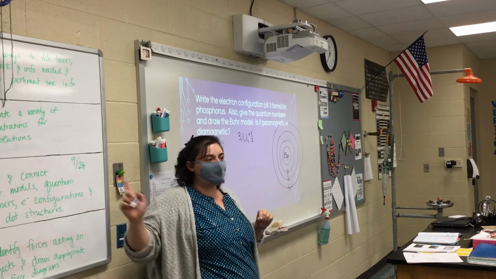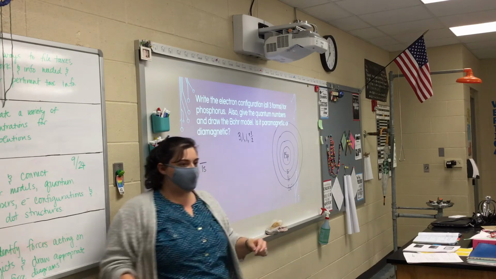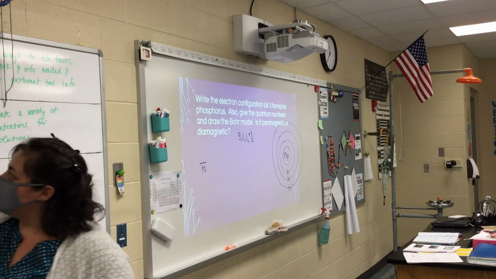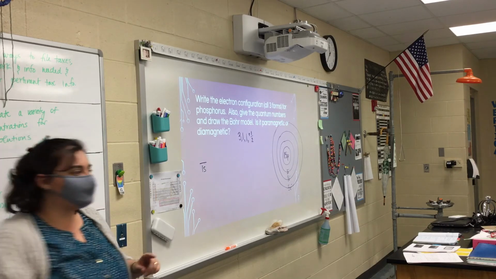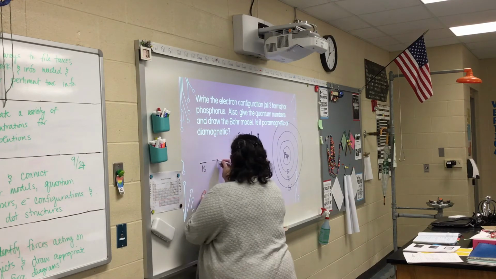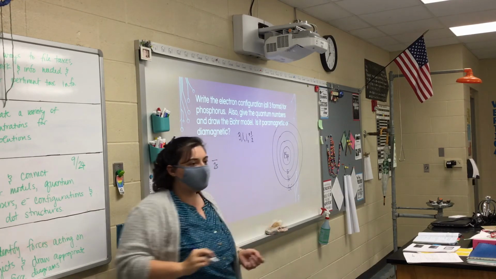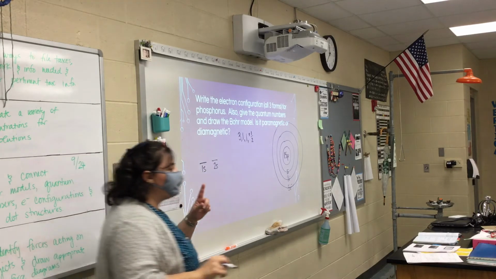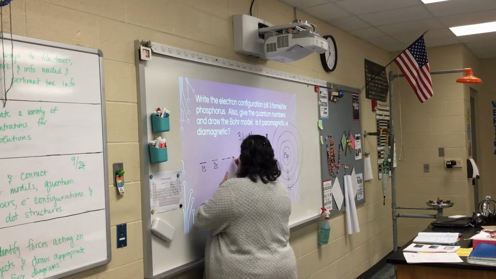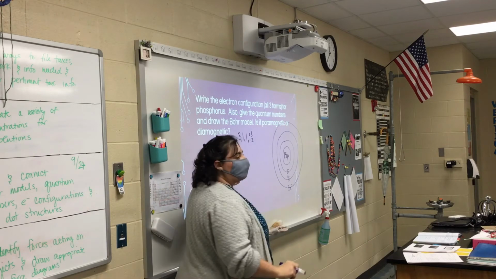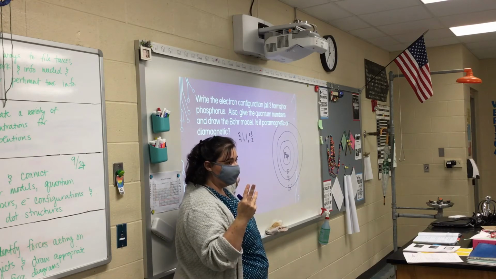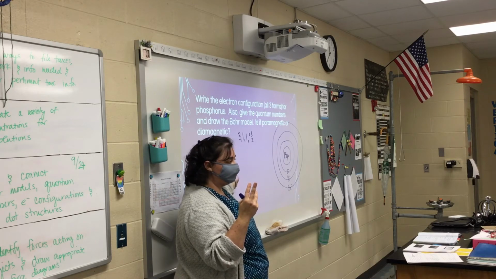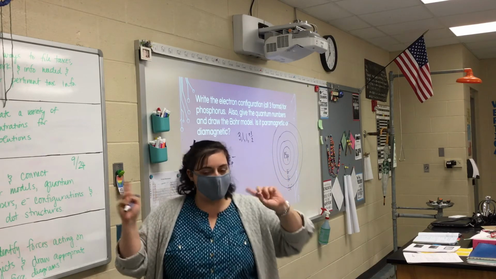The arrow touches 1S, so 1S is first. The next arrow, what does it go through? 2S. So the next one we list is 2S. The next arrow, what does it touch first? So 2P, and there are 3 lines because there are 3 orbitals.